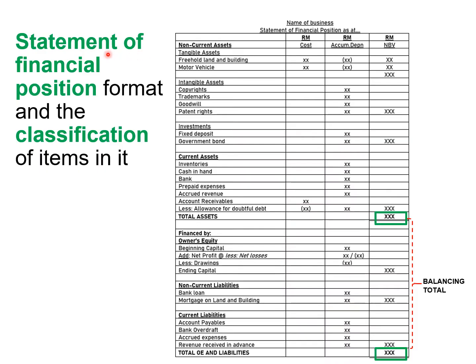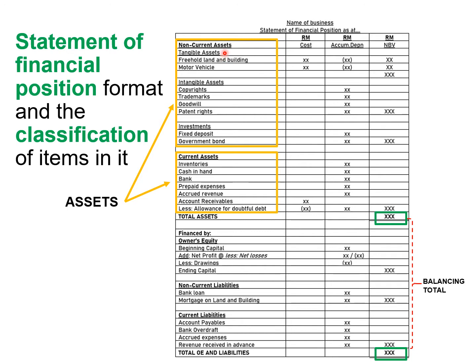For the first subtopic, the statement of financial position format and the classification in it. So this format I already gave to you in our WhatsApp group. So this is what we call as the statement of financial position, which comprises of assets. So assets dia ada yang ni, assets yang ke atas ni adalah the non-current assets.